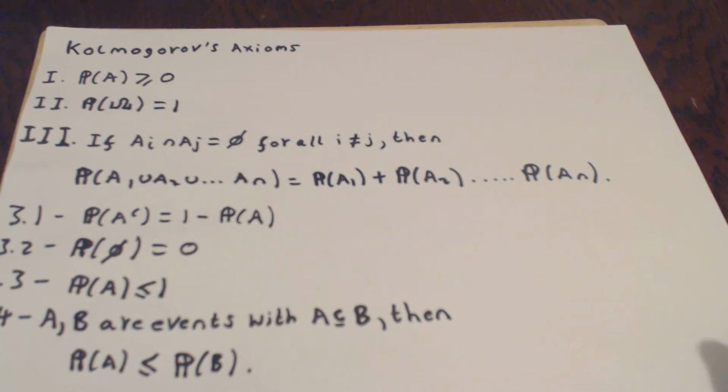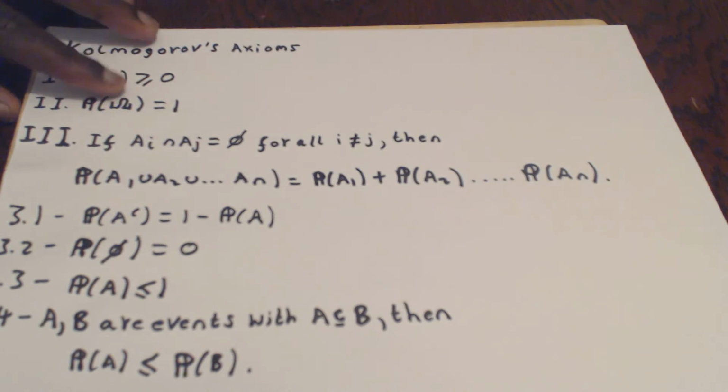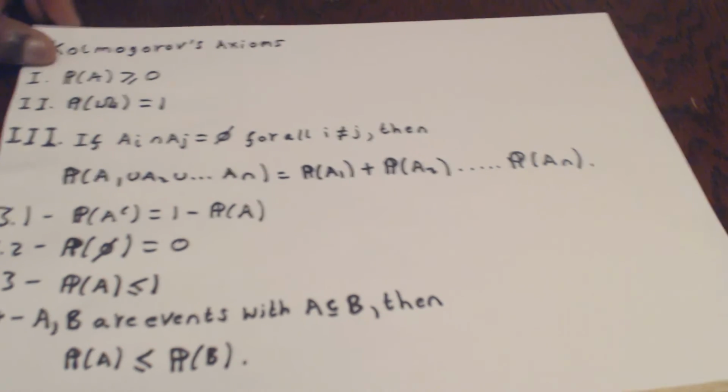Since A is a subset of B, it's never going to be more than B. It can only be less than or equal to it, since it either has the exact same amount of elements as B, or fewer, so obviously the probability is going to be the same or less.